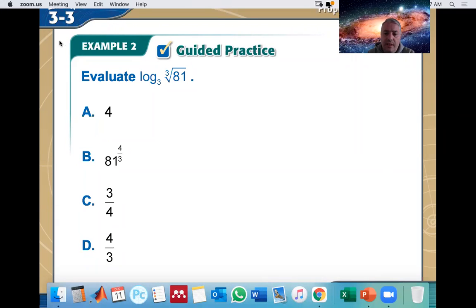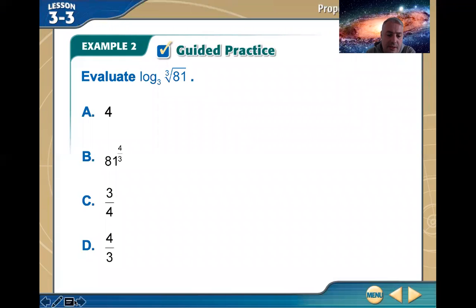Hayat says D. Zehra says D. Let's see now what is the answer. Answer is D. I hope that's clear. It's not difficult.